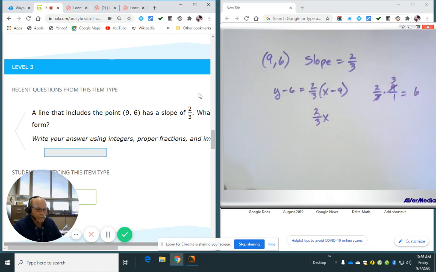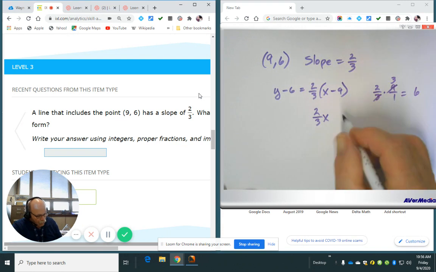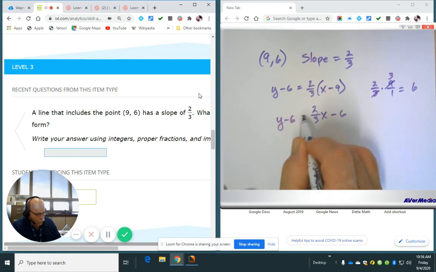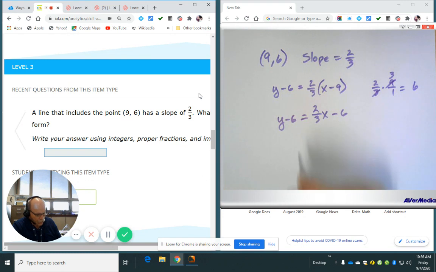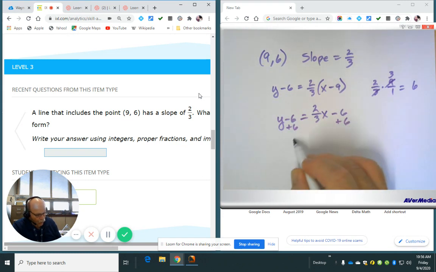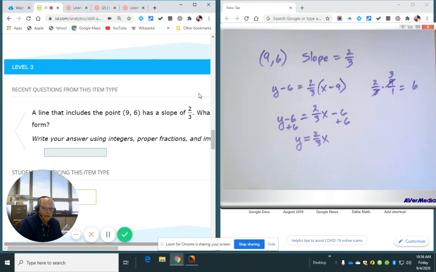So that's going to be minus 6. So y minus 6 equals 2/3 x minus 6. I'm going to add 6 to both sides, and I get y equals 2/3 x. We don't write plus 0 there. So it's y equals 2/3 x.